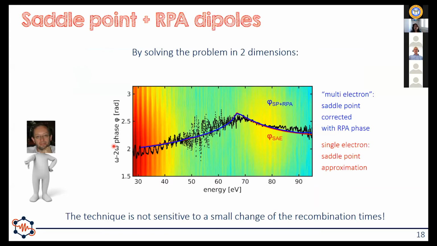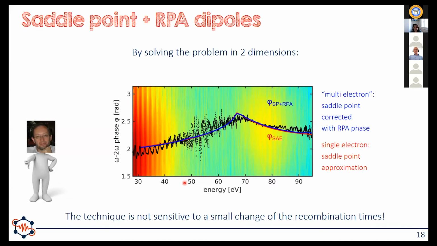And if we do so, what we see is that we basically get a new adapted multi-electron saddle point phase that is corrected with the dipole from the random phase approximation, but then it's completely overlapped to the single electron. So with this approach, we don't really go farther.